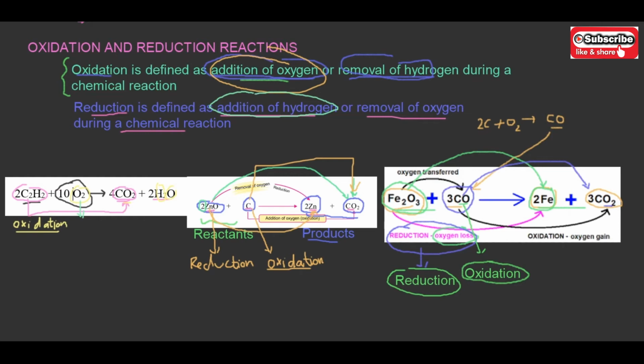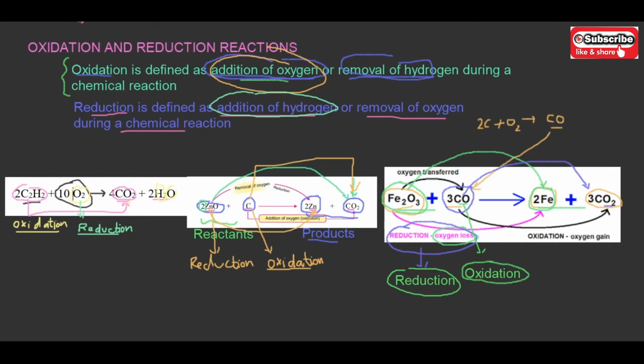So this is actually reduction. So as a whole this reaction is known as an example of a redox reaction. So what is a redox reaction? The reaction in which oxidation and reduction take place simultaneously is known as a redox reaction.